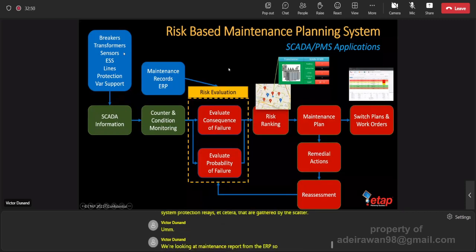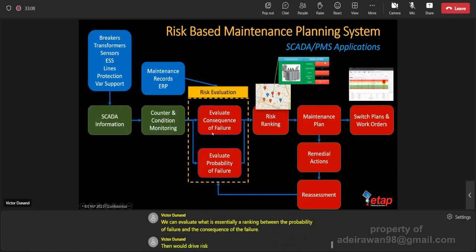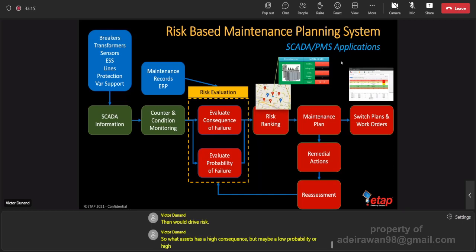So, when's the last time this was maintained, etc. Then we may have counters or condition monitoring information that we're getting from SCADA as well. We can evaluate what is essentially a ranking between the probability of failure and the consequence of the failure. Then we derive risk. So what asset has a high consequence, but maybe a low probability or high probability, which tells you where we need to maintain.